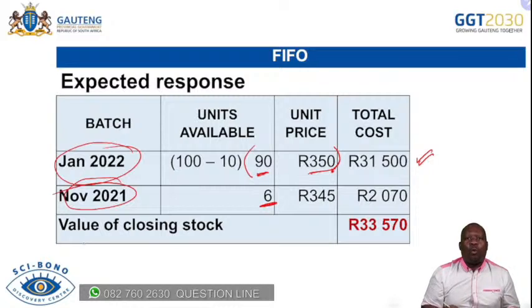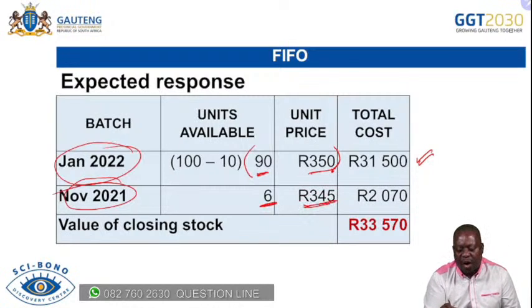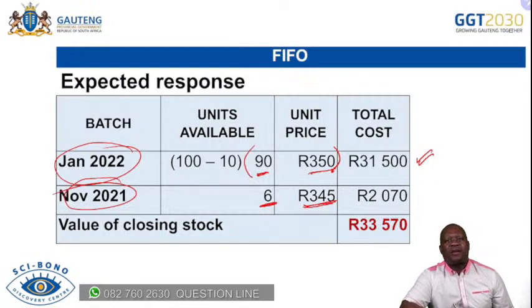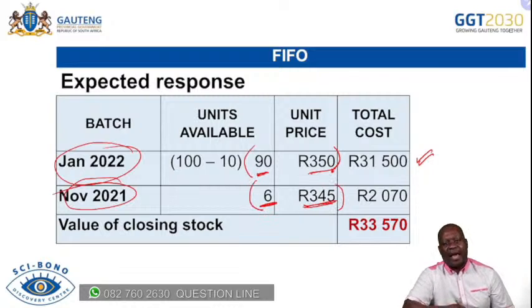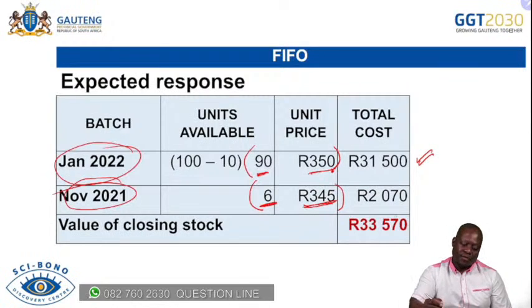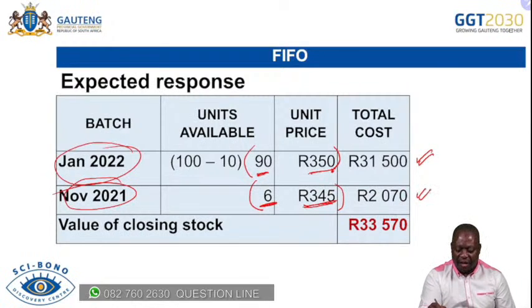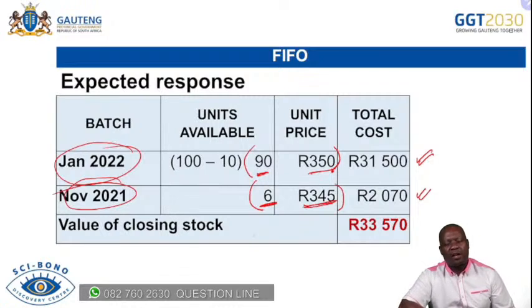And why do we need to identify which batch? We want to know what was the price in the November batch. And the price was 345. So we multiply 6 times 345 to get 2070. So now this is the value of the 6 units from the November batch.